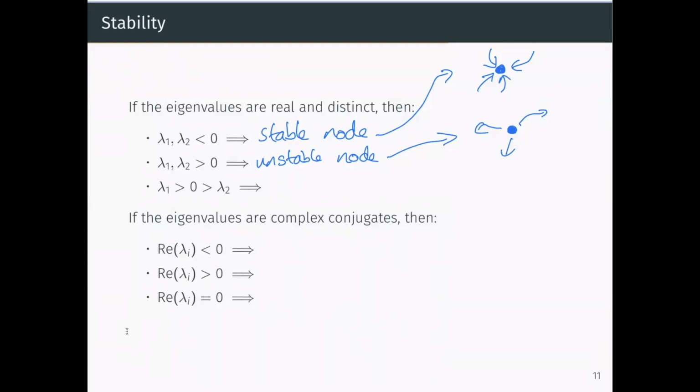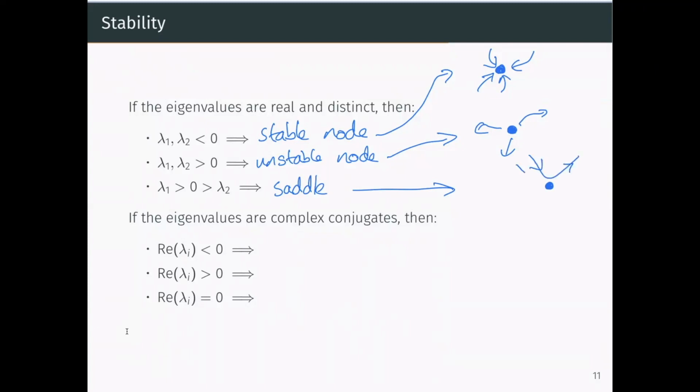And then if one of these eigenvalues is positive and one is negative, then we have something called a saddle. This is a little bit more complicated, but it basically says that if we have an equilibrium here, then in one direction we're going to be pulled towards our equilibrium, but in the other direction we're going to be pulled away.